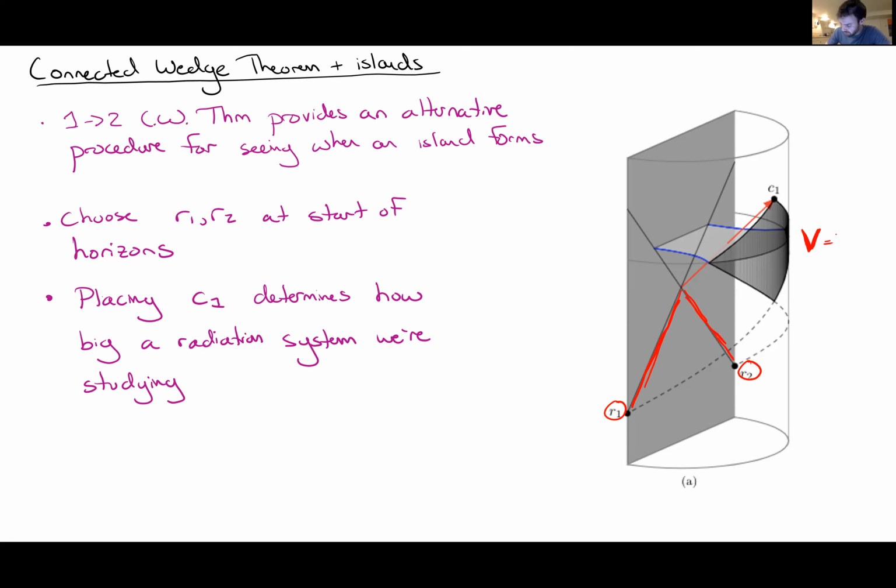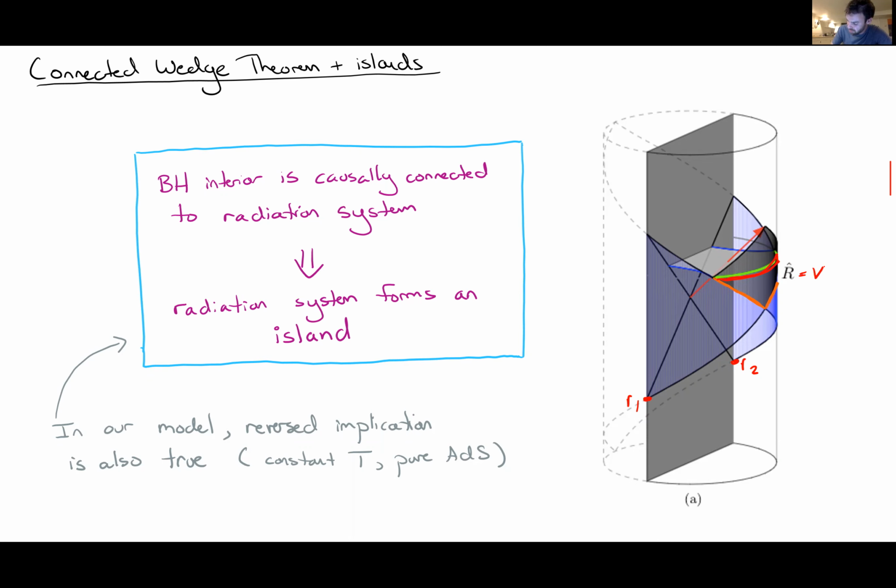Good. And then we have these points here, R1, R2. What the theorem tells us is that when that brane-anchored scattering region is not empty, then the system V, which here is our radiation, attaches to the brane. And R1 and R2, the earliest time in their future is just the beginning of the black hole interior.